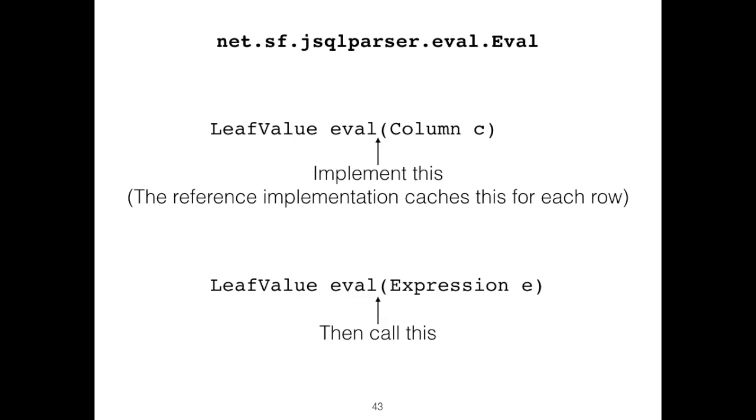You're going to basically have to extend the evaluator class so that it reads in values from some tuple, and actually you're going to have to implement this translation from column to primitive value, from column to the corresponding attribute referenced by that column. So basically, the way that you use the eval class, you implement this abstract method on the class called eval of column, and then you call eval of expression, and you get back the result. It essentially does all of the arithmetic for you.